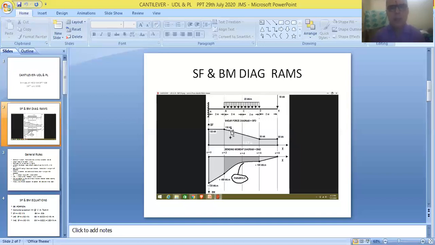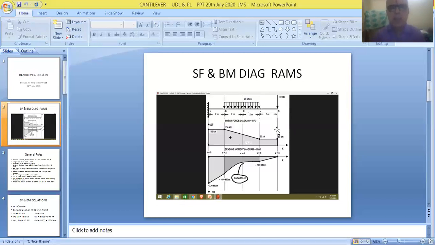Therefore, all beams are divided into several portions for writing SF and BM equations, and also for making SF and BM calculations. So friends, point A indicates the fixed end of the beam, and point E, as shown in the figure, indicates the free end of the beam.